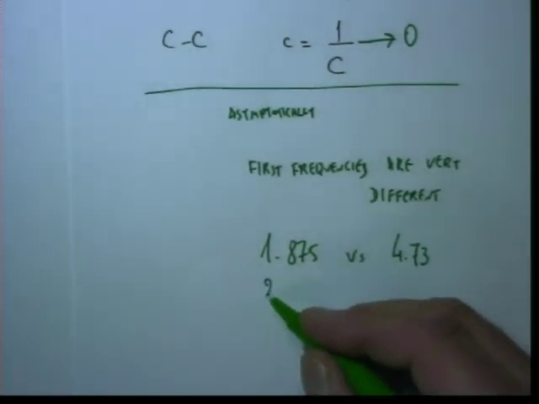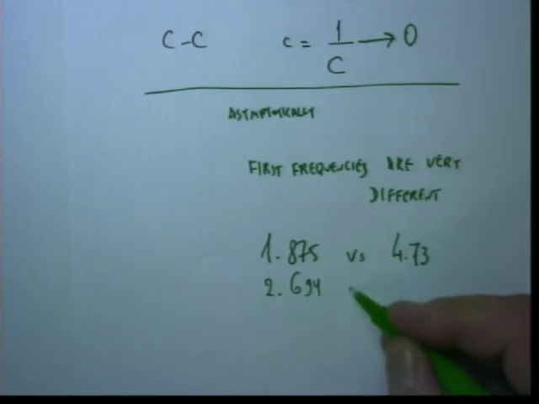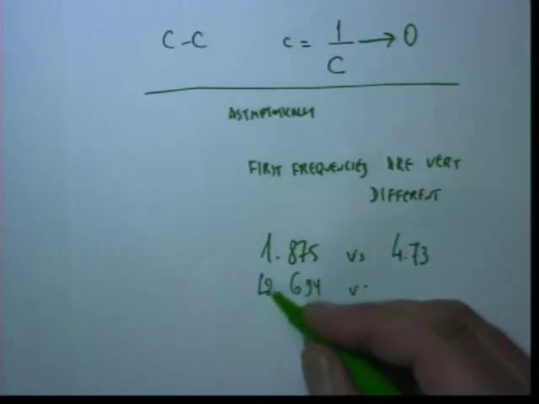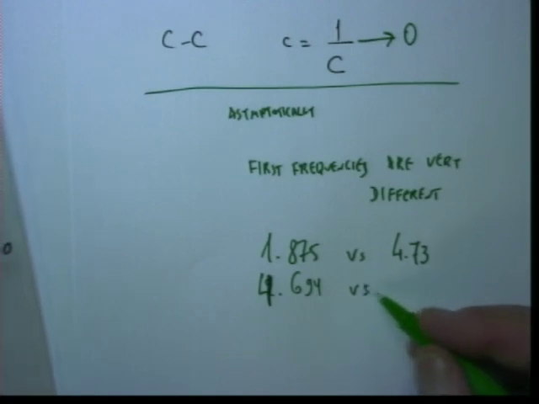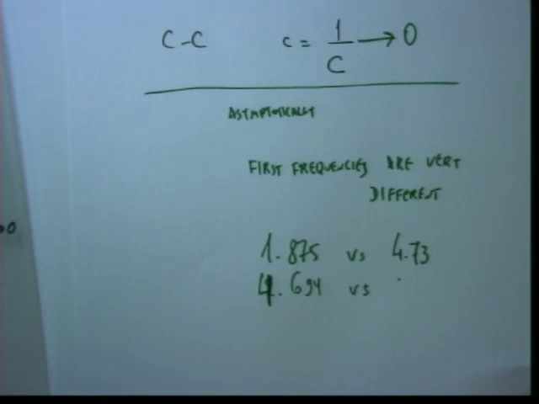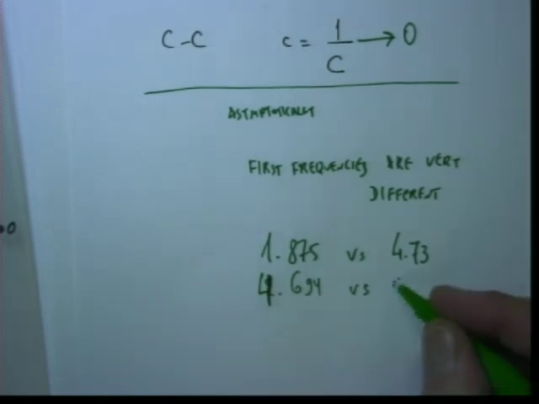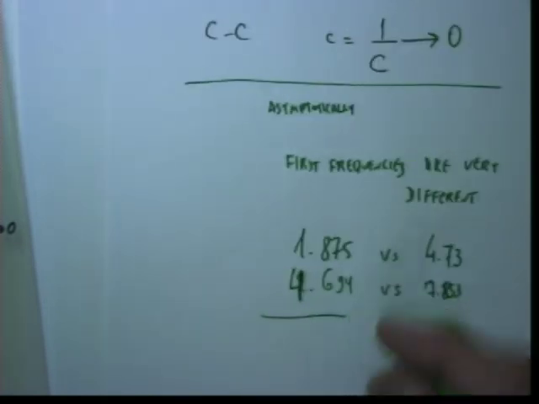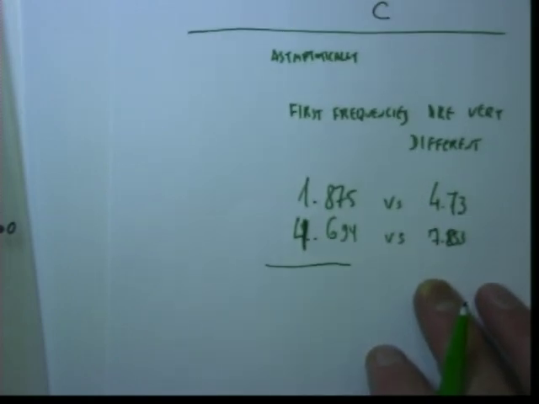Second frequencies are closer. 4694 versus, what did we have? 7853. But other frequencies are already very close by.